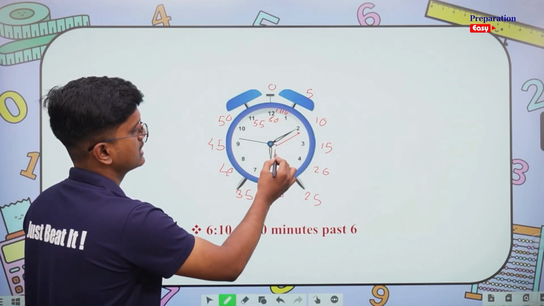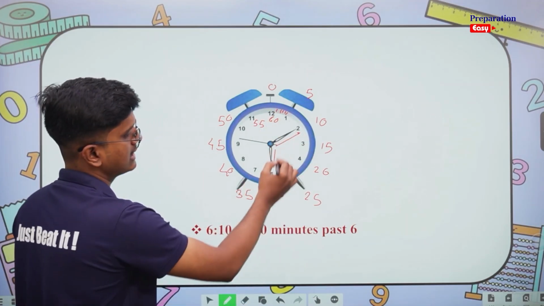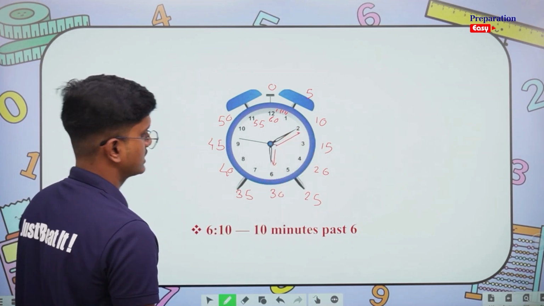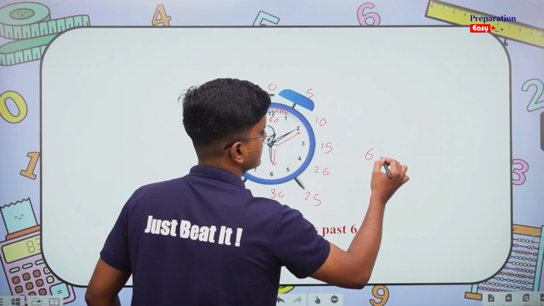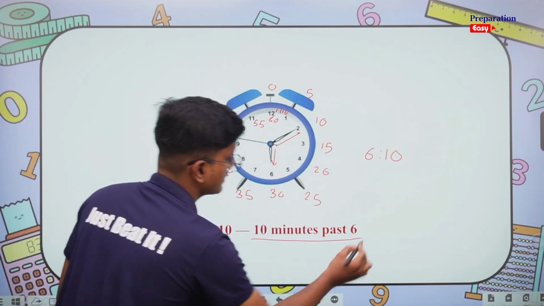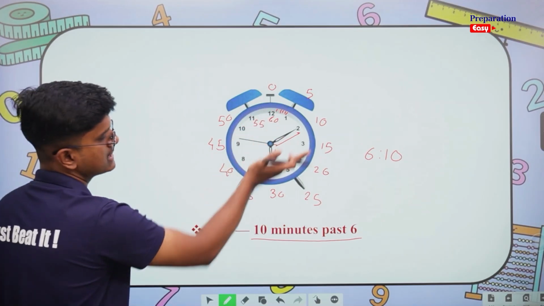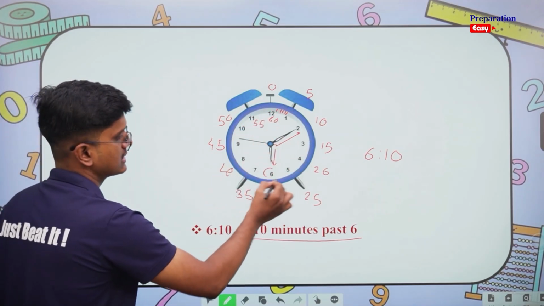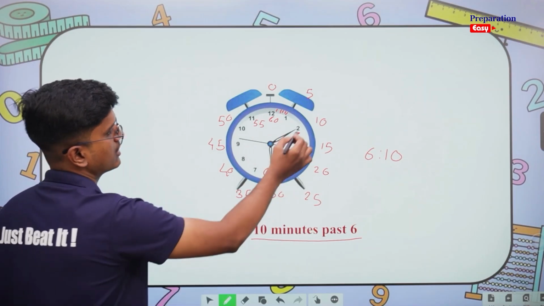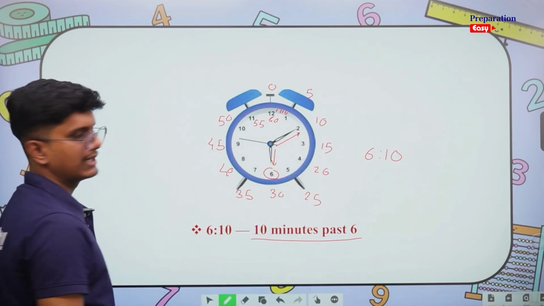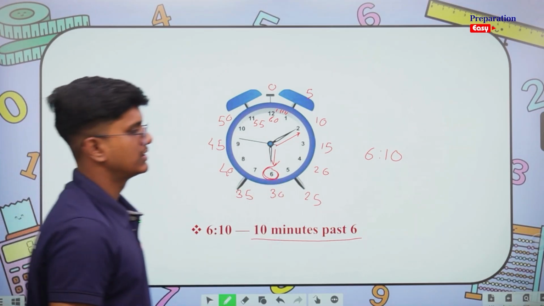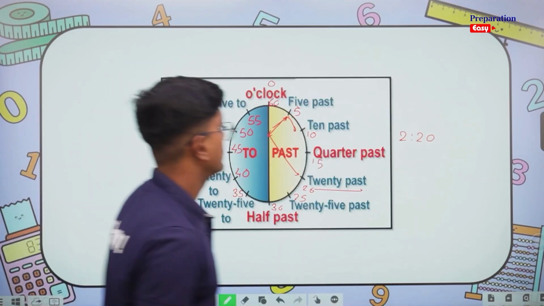Okay, so here our hour hand is on 6 and our minute hand is on 2, which we will write as 6:10. How will we say it? As 10 minutes past 6. So already 10 minutes have passed when it is 6, so we will say it as 10 minutes past 6, because this minute hand is on 10. We have to read it as past.